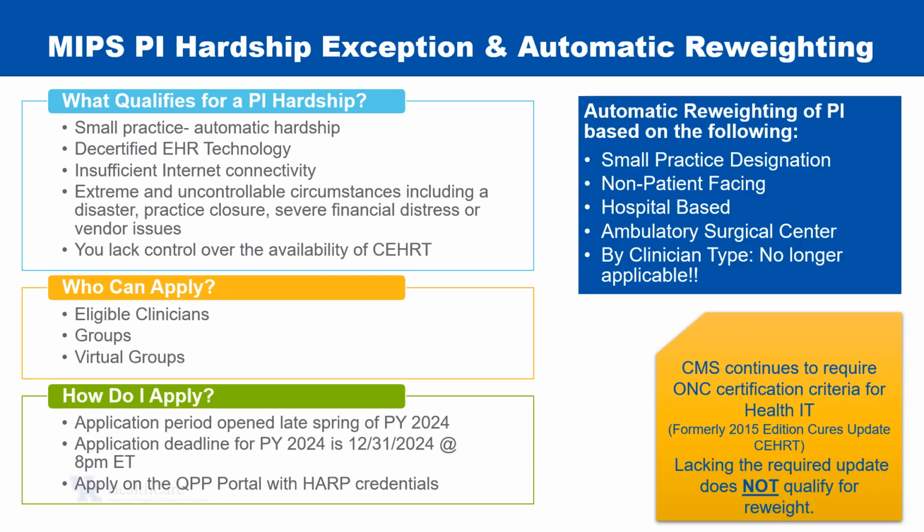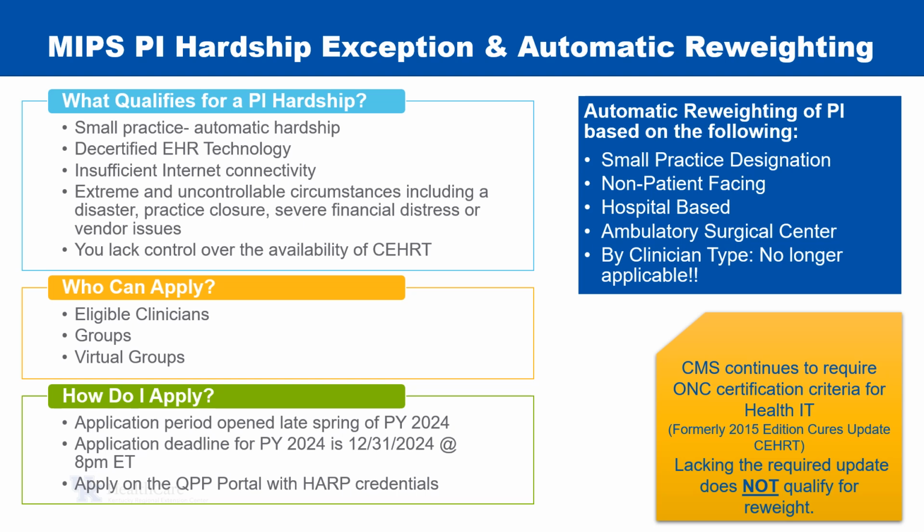They're also promoting interoperability hardships, as well as that automatic reweighting flexibility. So those folks who can qualify for a PI hardship, that's a small practice, is going to get that automatic reweighting. As I mentioned earlier, if your EHR technology is decertified, if you are in a geographically determined internet connectivity area.